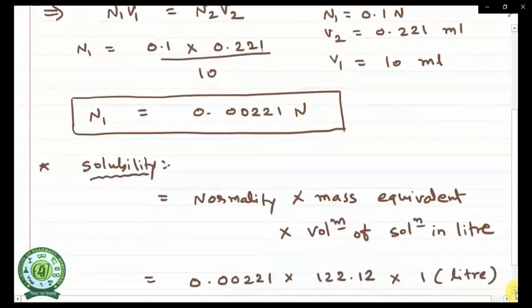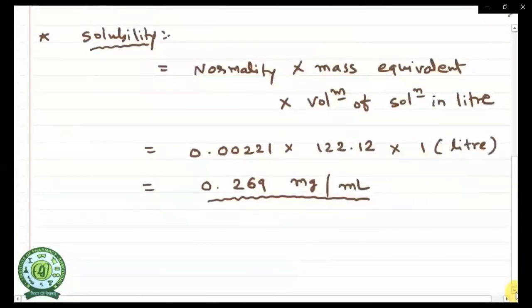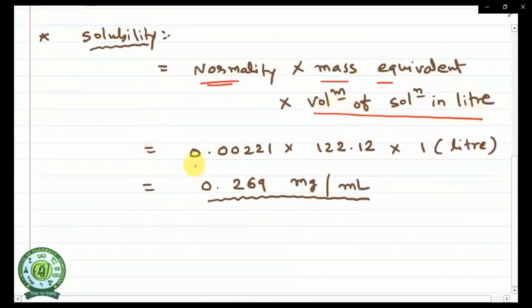Now we are going to use a simple formula for determination of solubility, that is normality into mass equivalent into volume of solution in liters. So that is 0.0221, which we get from the above calculation.